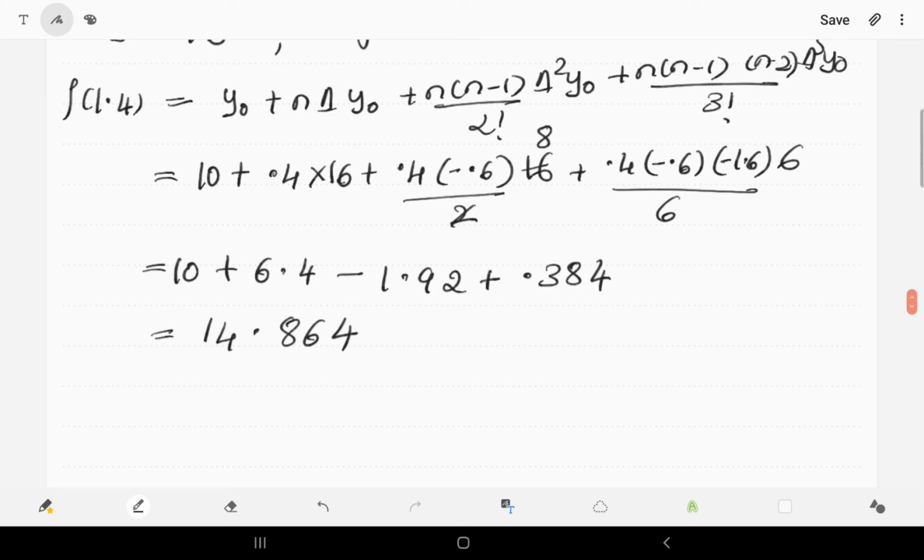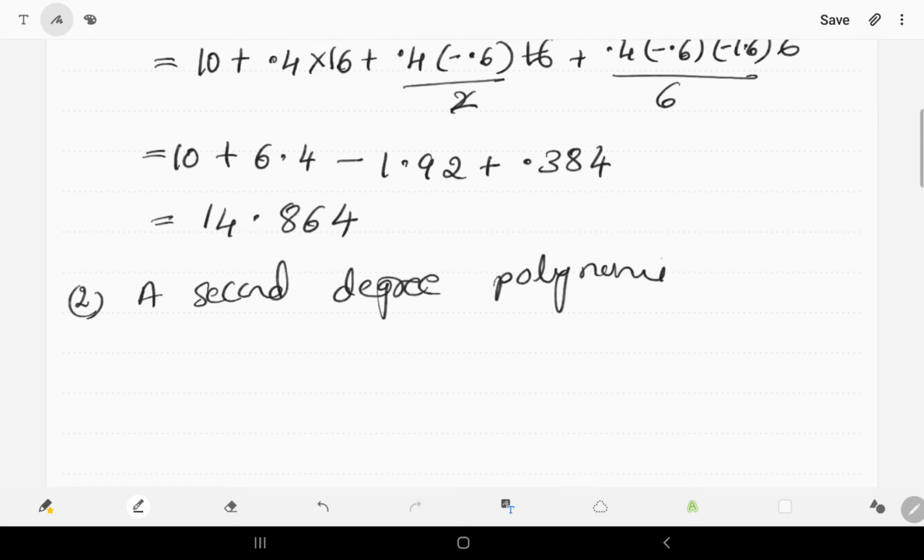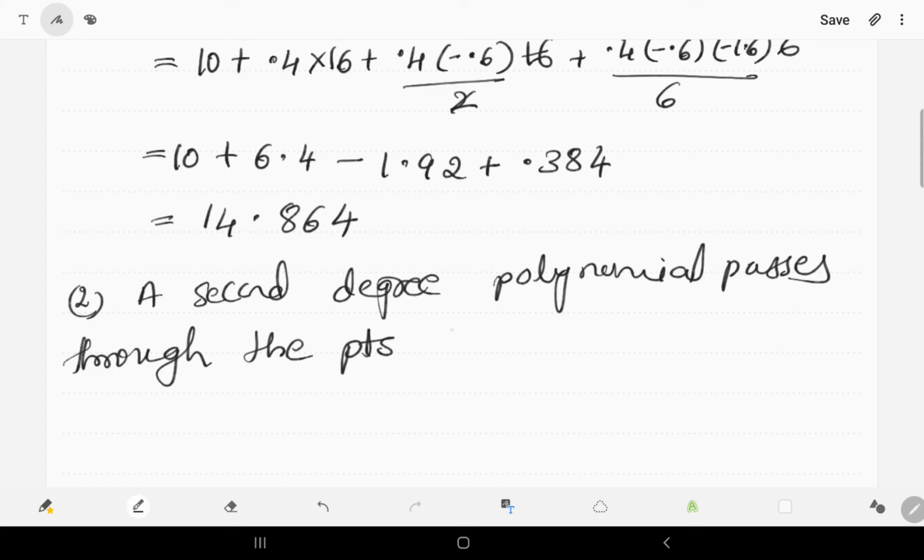Similarly, we can find out the polynomial. A second degree polynomial passes through the points (1, minus 1), (2, 1), (3, 5), (4, 11).